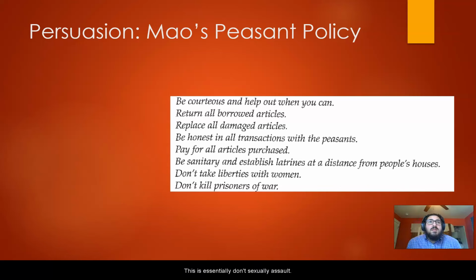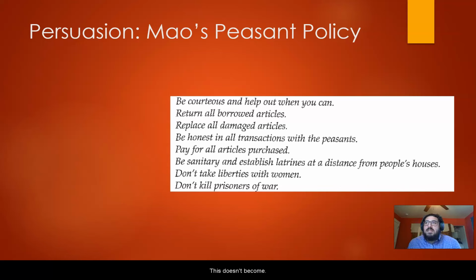This is essentially don't sexually assault, don't rape, do not abuse your power or your tools like a gun to force women to do things. And lastly, do not kill any prisoners of war. This, in and of itself, is the nutshell of Mao's peasant policy.